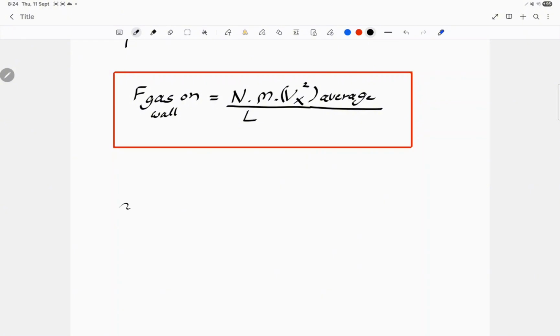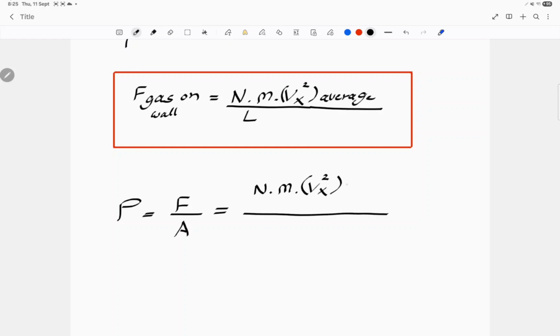Now let's talk about the equation of pressure. Pressure is equal to force over the area. So now I'm going to be saying that the pressure of the gas on the wall is equal to, replace the force of the gas on the wall by n m Vx squared average over L, and the whole thing must be divided by the area, and right now we're looking, if you guys recall, at a square.